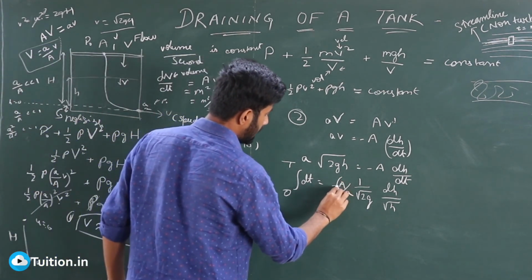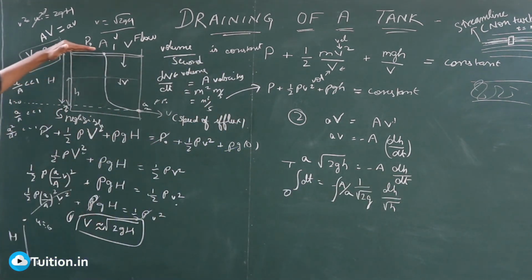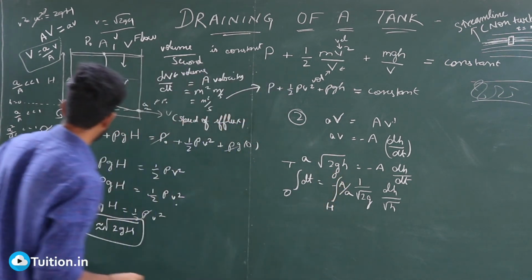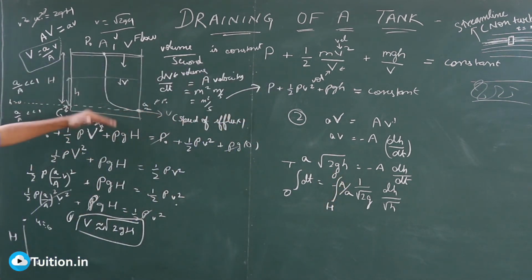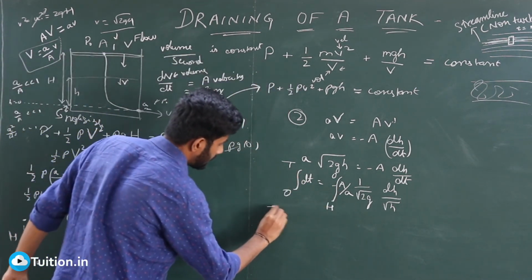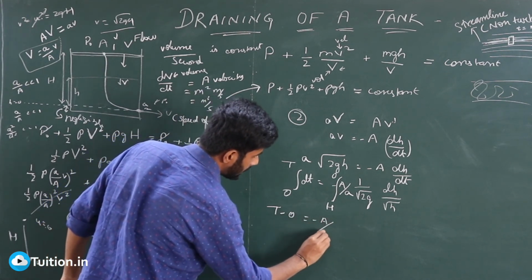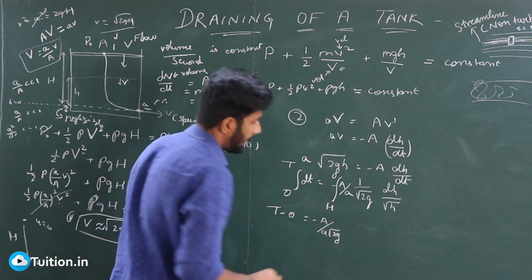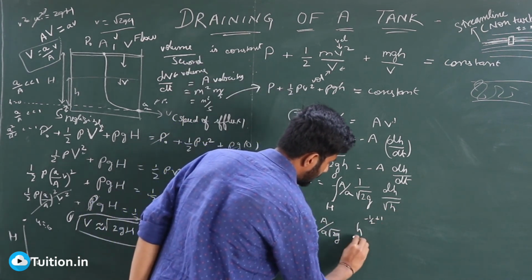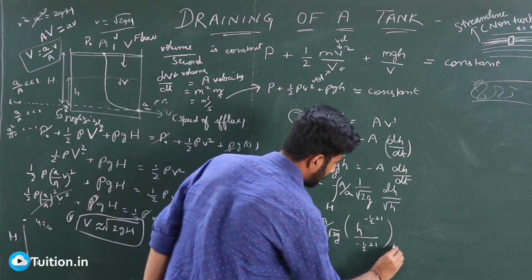And then this will integrate over the levels of h, so h is going from capital H to h equal to 0. I'm assuming that this hole is completely at the bottom and it's at 0 level. So I'll just integrate this. This is T minus 0 is equal to minus a by A root 2g will just come out, and I'll have h power minus half plus 1 divided by minus half plus 1 going from capital H to 0.